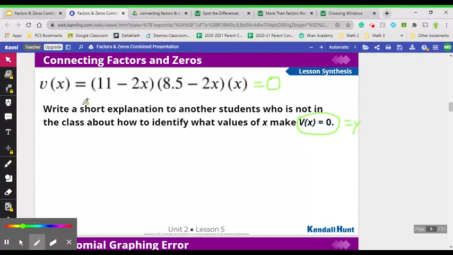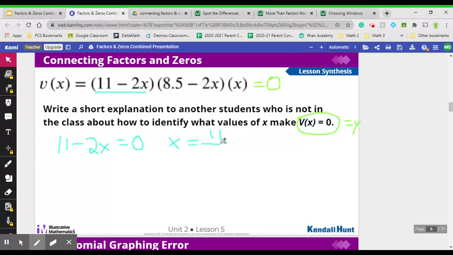And we're using the same strategy as well for doing 11, for figuring out each of these three parentheses. So we are going to set what's inside of each factor equal to 0 and solve for x. So we would have 11 minus 2x equal to 0. And that means that x is going to be equal to 11 halves, positive 11 halves. And then we have 8.5 minus 2x.